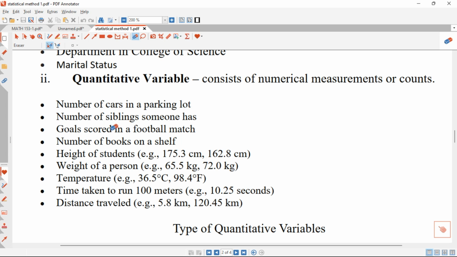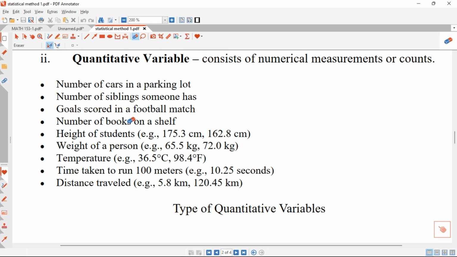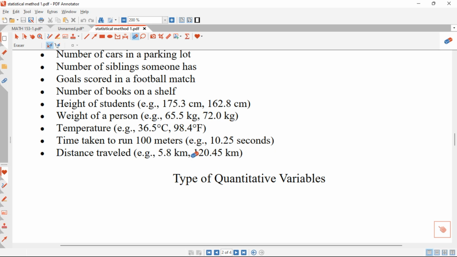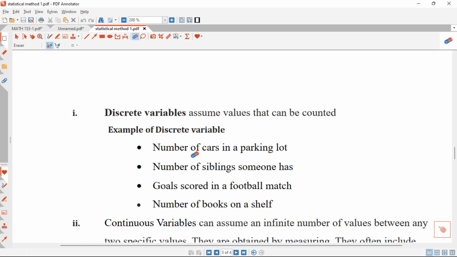That leads us to types of quantitative variables. For quantitative variables too, we have two types. The first one on my list is discrete variables. Discrete variables assume values that can be counted. Example, we have number of cars in a parking lot.